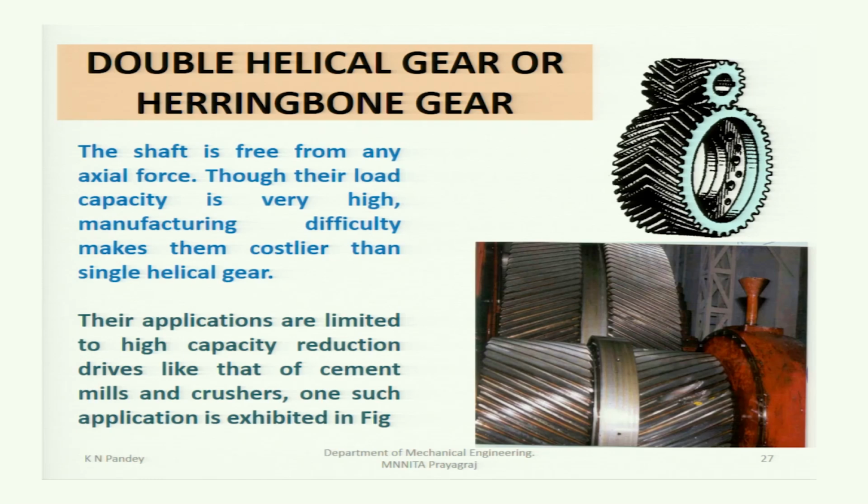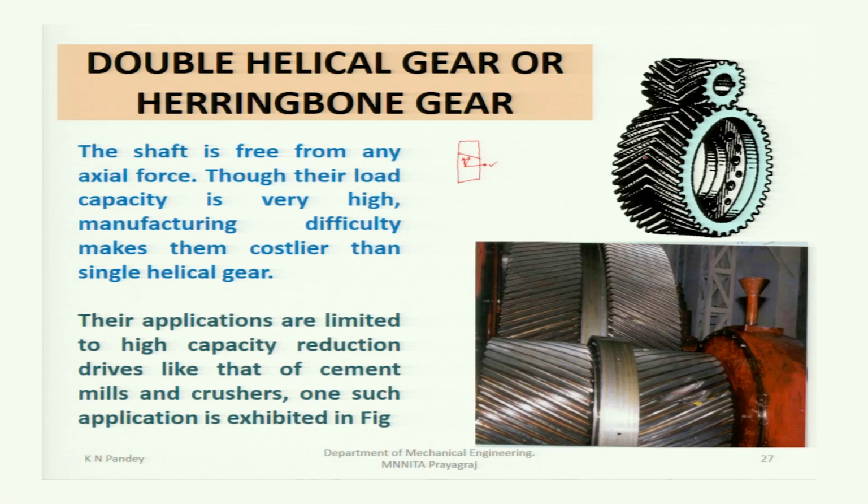Now, double helical gear or herringbone gear. We have seen that in the case of helical gear, there is an axial thrust. One of the forces which is acting between the gear teeth will be in this direction, and so it will have two components. This is the radial component and the axial component. So, this is the thrust load which is applied on the shaft due to transmission of force by the helical gear. Now, to avoid that, we come to the double helical gear.